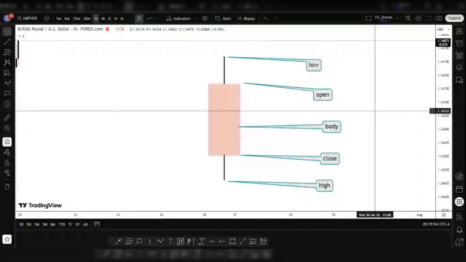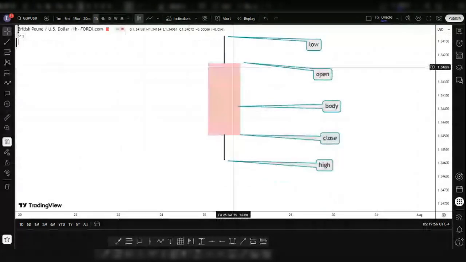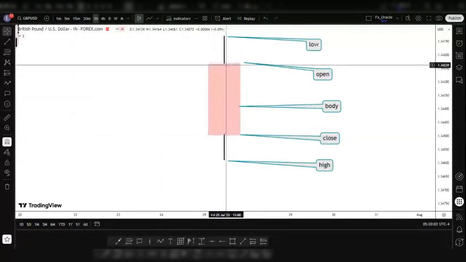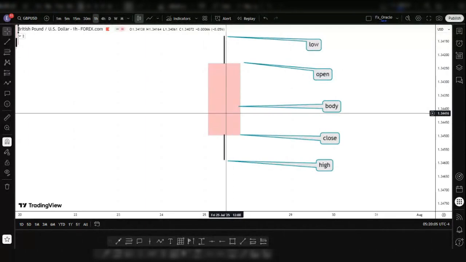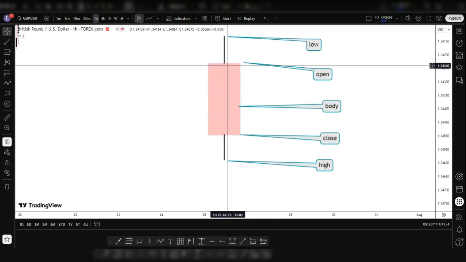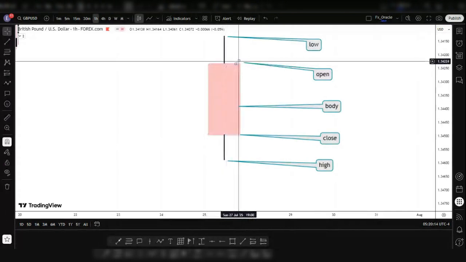Now, if this was our opening price and this is our closing price, for the fact that we close below the opening price, this candle is now known as a bearish candle. So it's not a bullish candle, because it closed below the opening price.